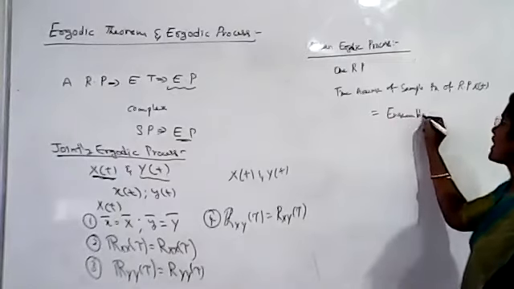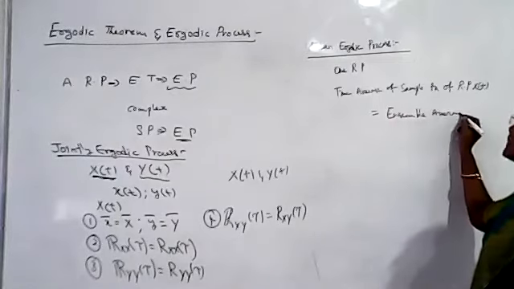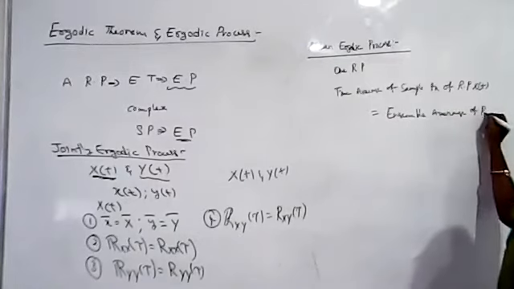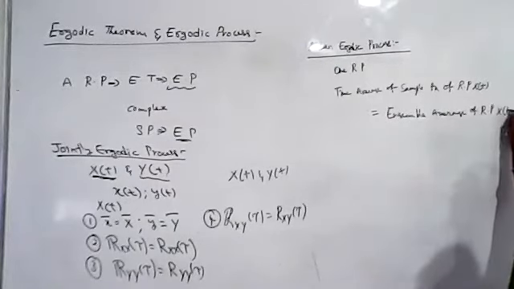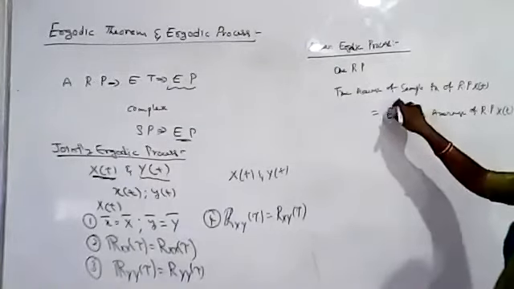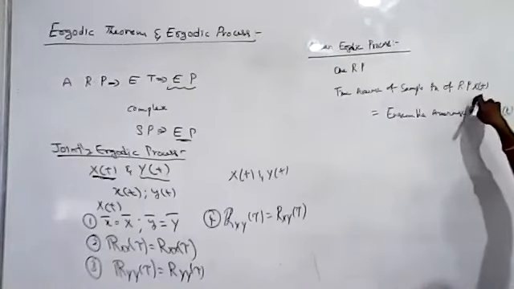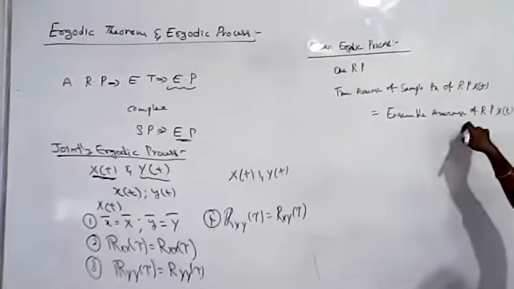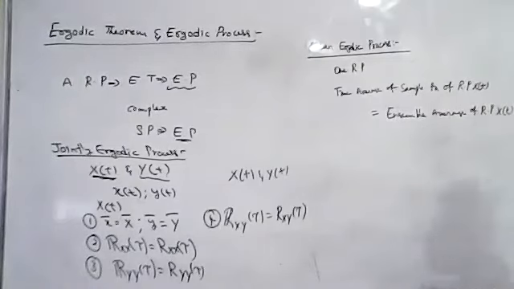So if the time average is equal to the ensemble average of the random process x of t, here we are finding the time average of a sample function of the random process, which is equal to the ensemble average of the random process x of t.